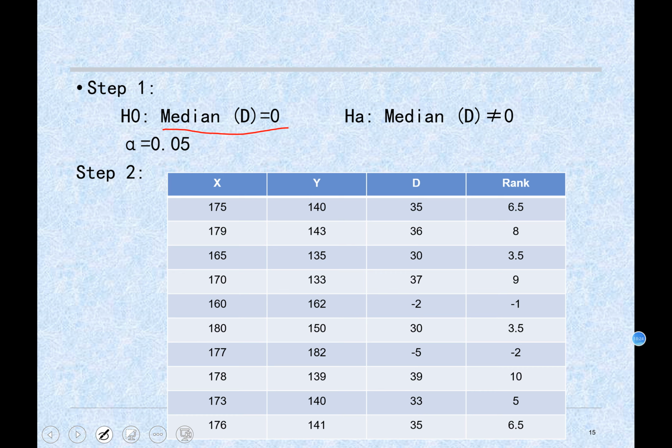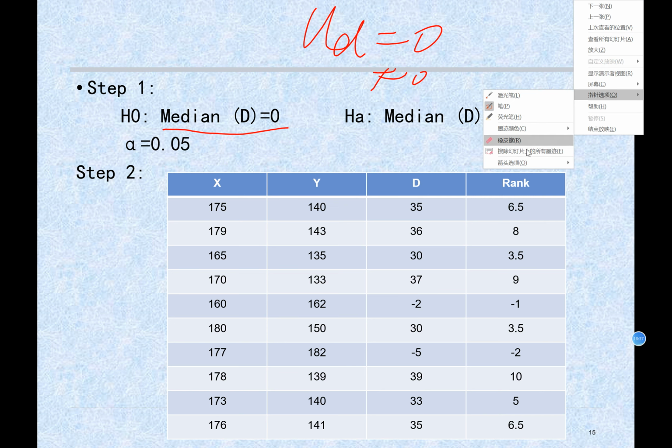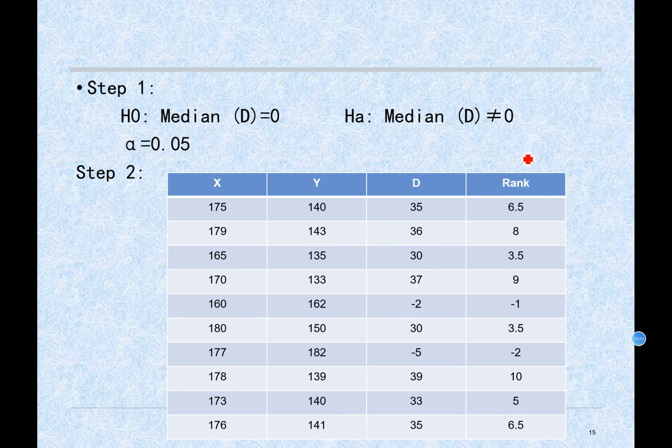So H0 is mu D equals 0. HA is mu D is not equal to 0. Right? So it's the same in chapter 7.